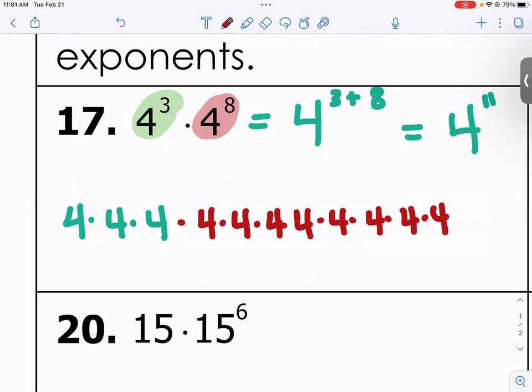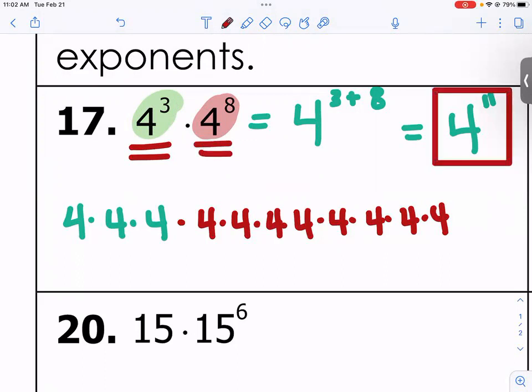Okay, how many 4s do we have multiplied to each other? 11. And how did you do that? You counted them up. You added the numbers together. So without having to draw a picture, we know that there are 3 4s being multiplied here. We know that there are 8 4s being multiplied here. So total, we have 11 4s being multiplied together.